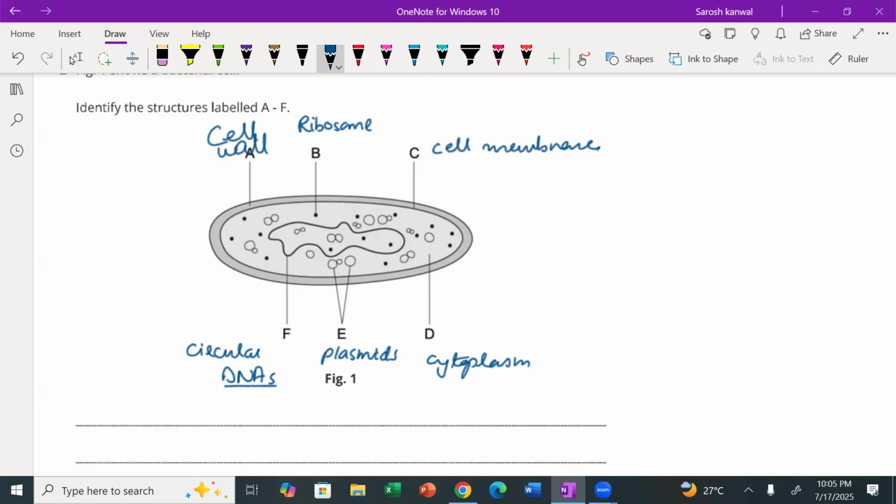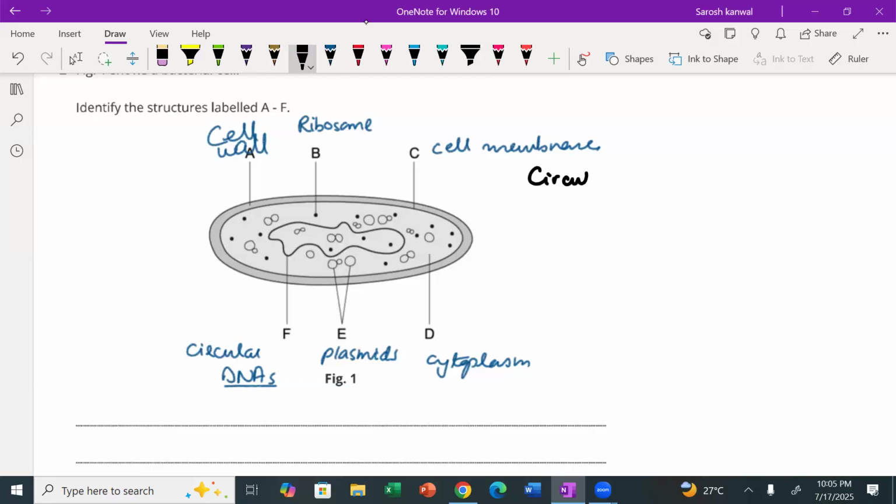Yes, Mipsam. Ma'am, what is the difference between these circular DNAs and plasmids? Actually, it's better that we revise it, right?